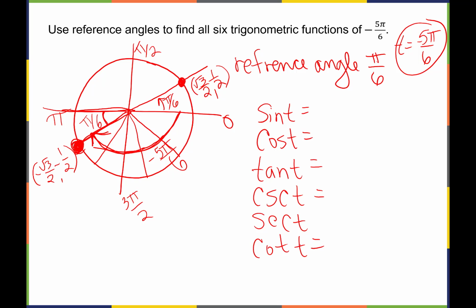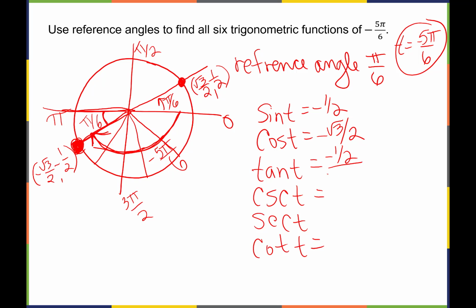All right, so remember, sine is the y coordinate at this point, so that would be minus 1/2. Cosine is the x coordinate, so that's minus the square root of 3 over 2. Tangent is y over x, which is minus 1/2 over minus the square root of 3 over 2.